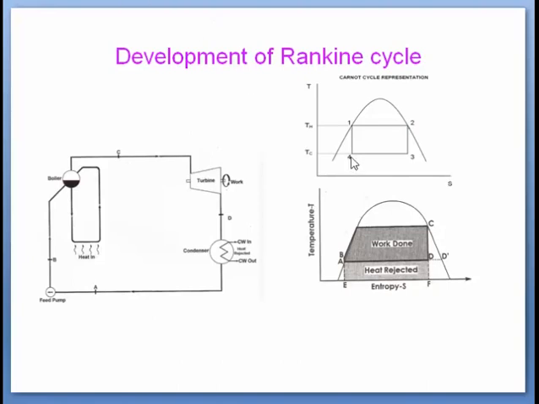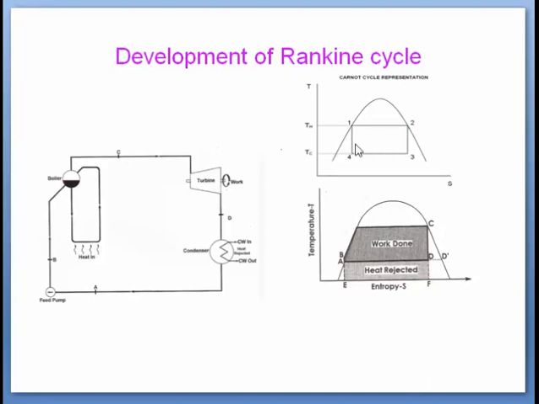So the pump has to handle a mixture of vapor and liquid, which will require a compressor of size and cost comparable with the turbine. It would also absorb work comparable to the work developed by the turbine. So not much benefit.